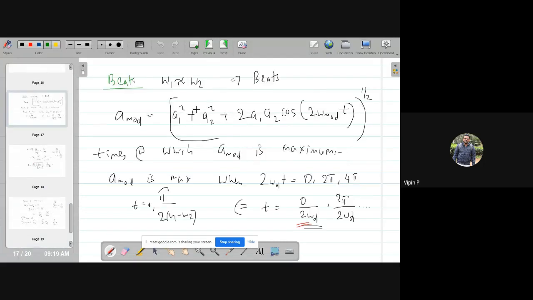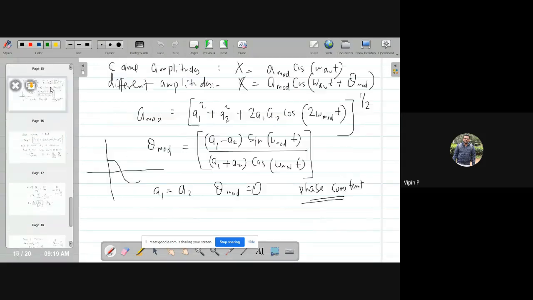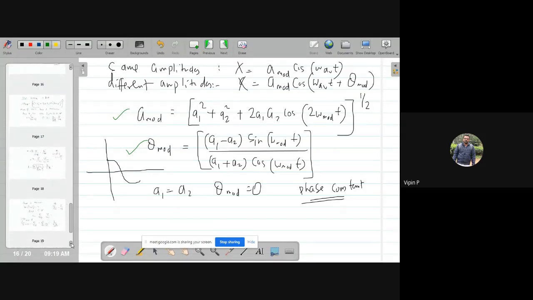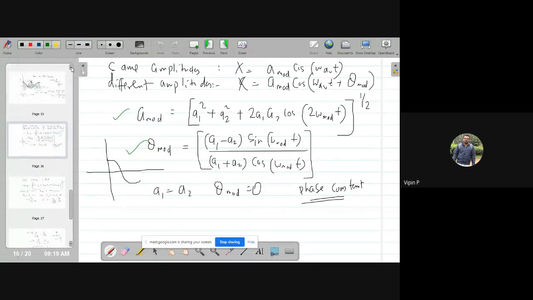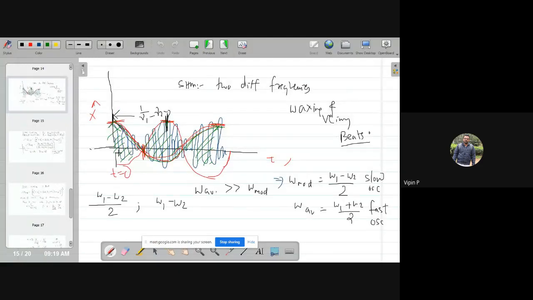This is the equation governing the amplitude of the resultant oscillation, and you have a new phase constant appearing because of the difference in amplitudes. If there is no difference in amplitude, there is no phase constant. The initial phase constant of the resultant oscillation would be 0, and the resultant oscillation will look like this. You have the faster oscillation, which is modulated by a slower oscillation. This is how it works.